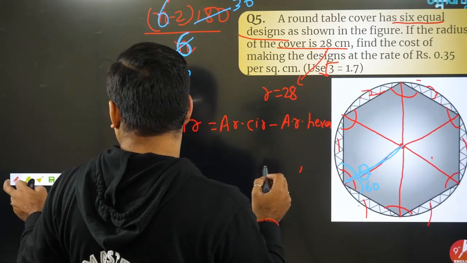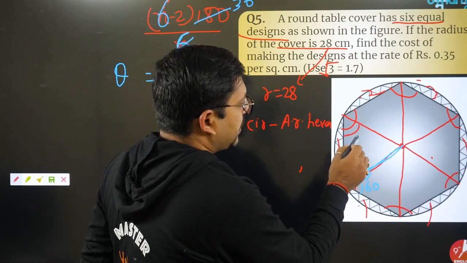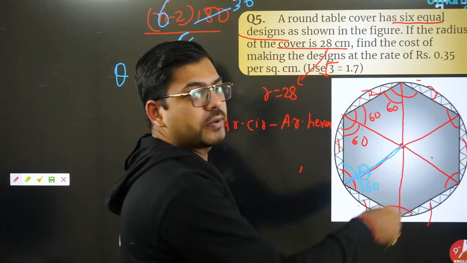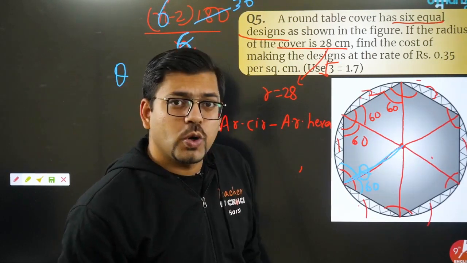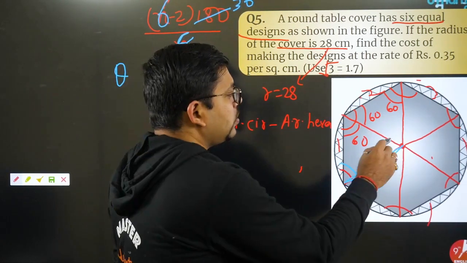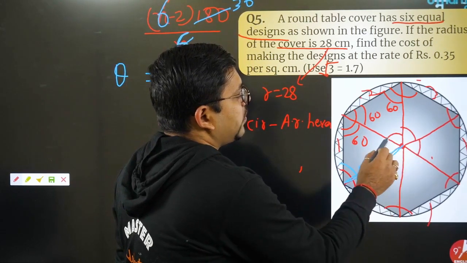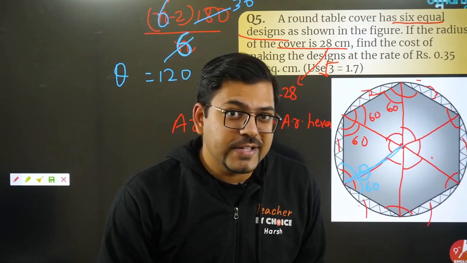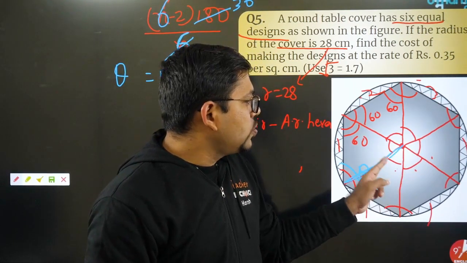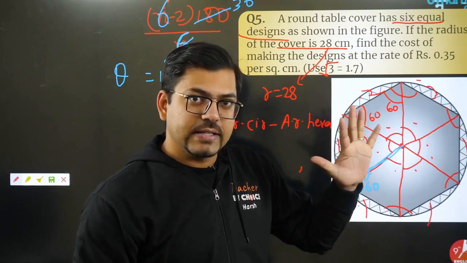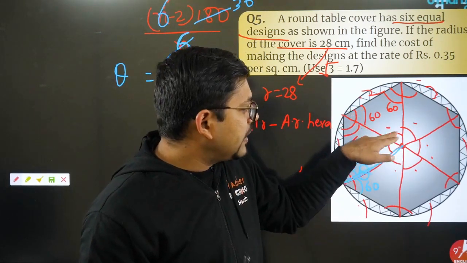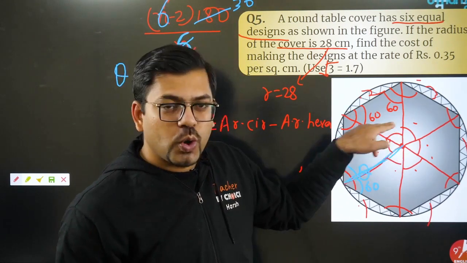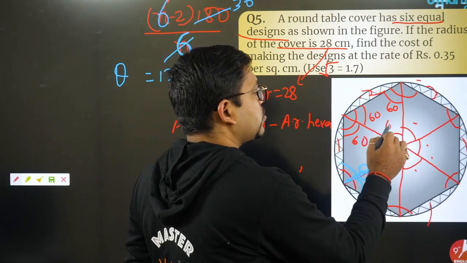So this will become 60, similarly this will become 60, and so on. Why am I so confident? Because I know that these central angles are also equal, since the hexagon is regular. There are 6 angles, and the complete central angle is 360 degree, divided into equal parts, so all these angles would also be 60 degree.